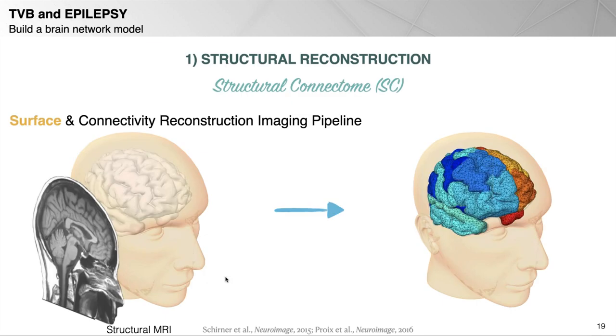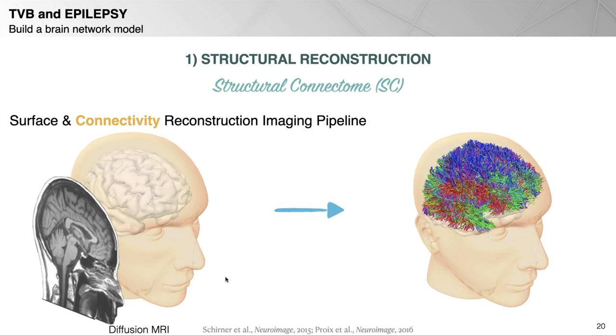The main process to remind: from the T1 scans, we divide the brain into brain areas or regions of interest according to a given parcellation scheme, while the cortical surface is represented by a triangular mesh.